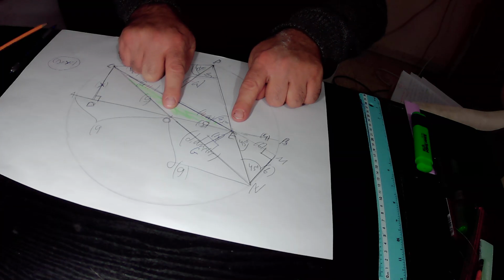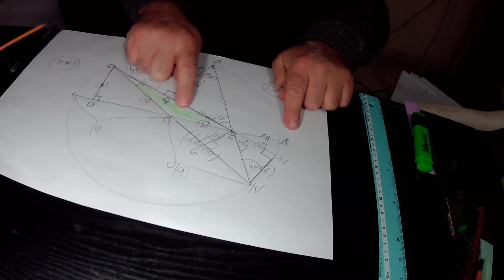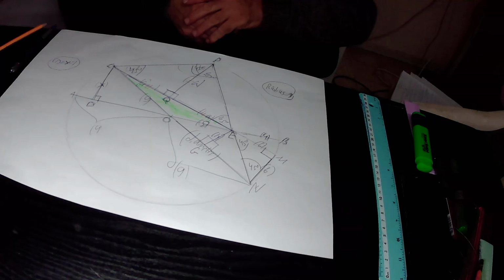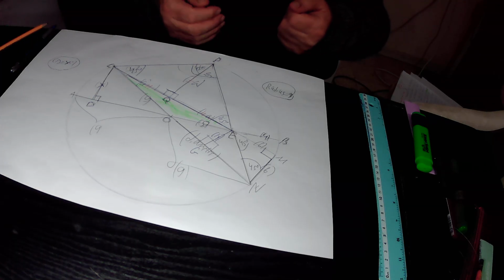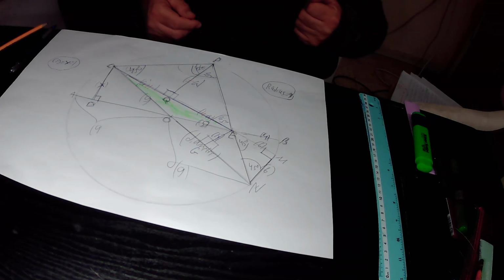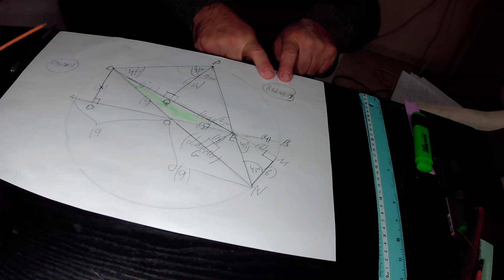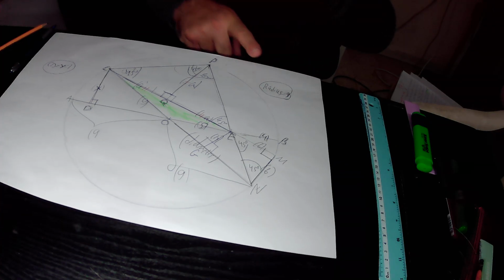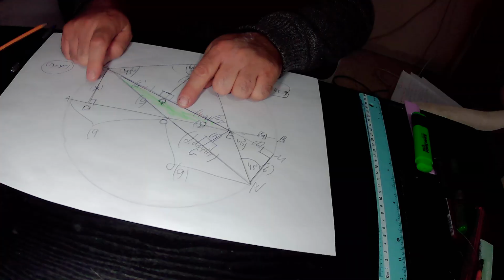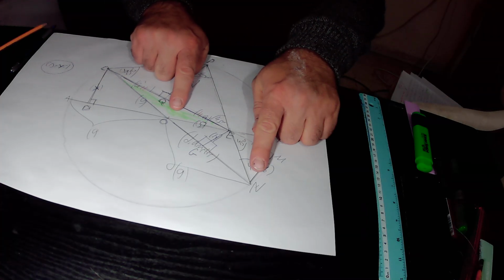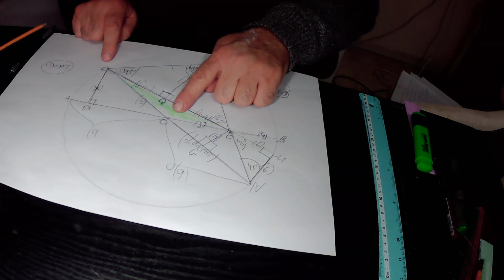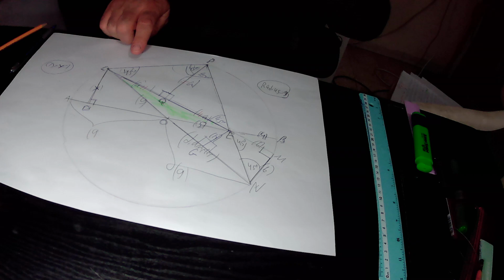OE is 5, EB is 4, according to what is given in the question. So, in total, the radius OB equals 5 plus 4, that is 9. The radius of the circle equals 9 units. Likewise, the radius OA equals 9, the radius ON also equals 9, and the radius CO also equals 9 units.